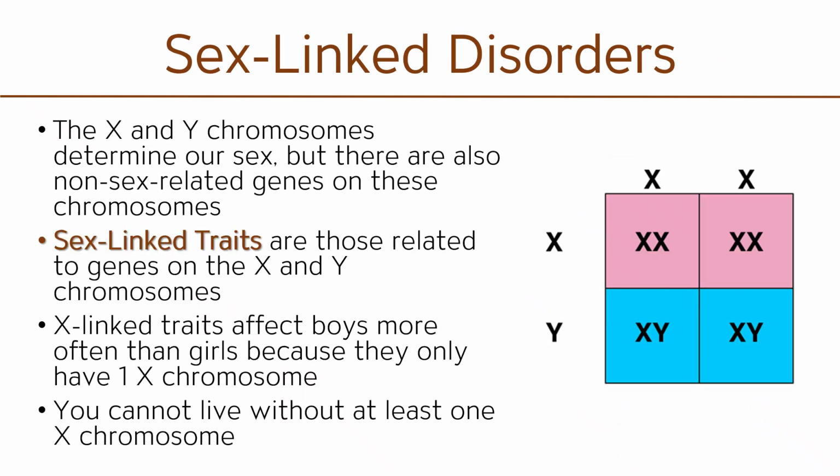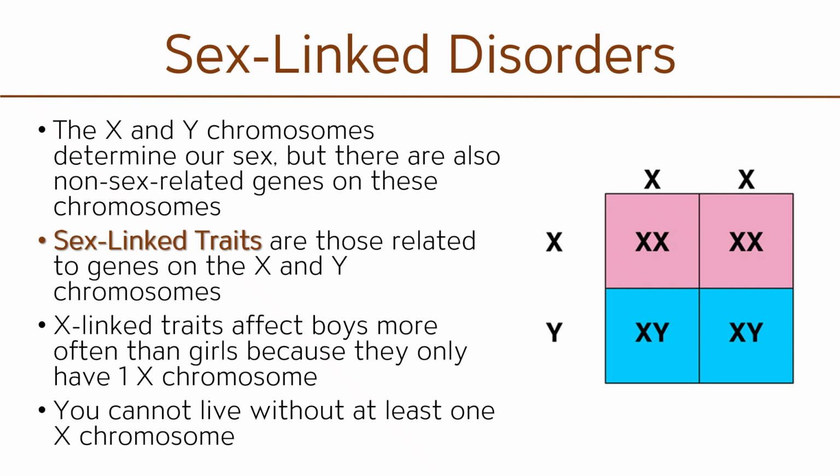Now, the next type of trait or disorder that we're going to look at are the sex-linked disorders. So these are ones that are going to affect your sex chromosomes, your X or your Y. These, while they determine our sex, also have non-sex related genes on them.